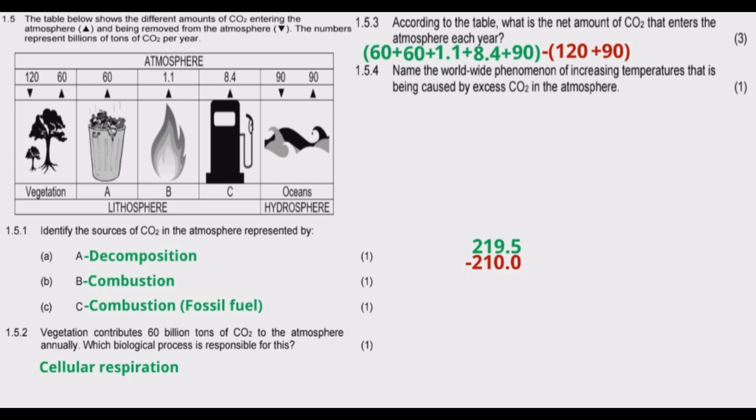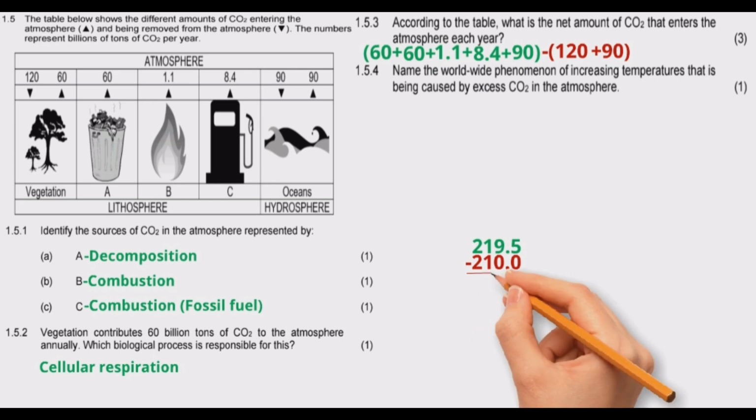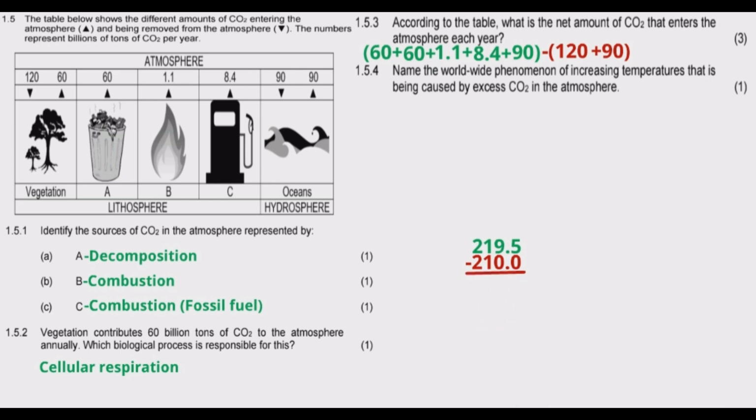Then when we find the difference, 219.5 minus 210 gives us 9.5 billion tons of carbon dioxide. So 9.5 billion tons of carbon dioxide is the net that goes into the atmosphere.